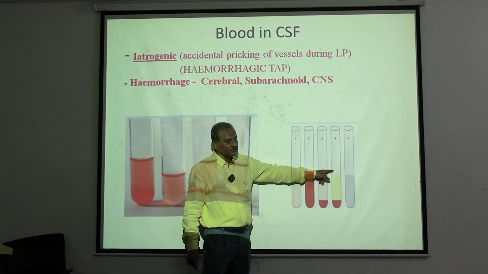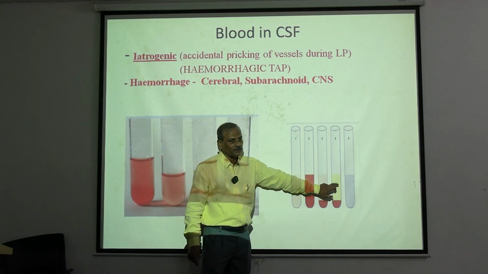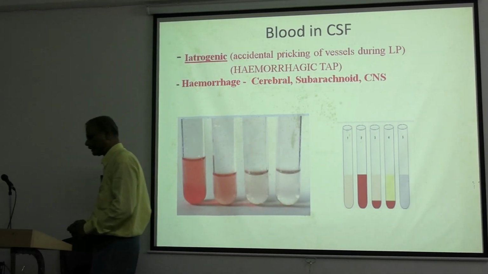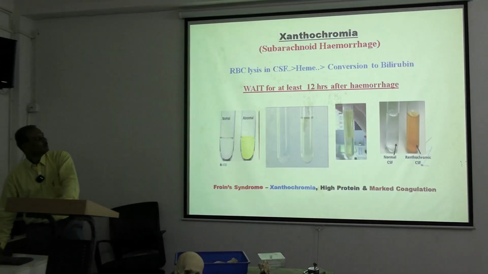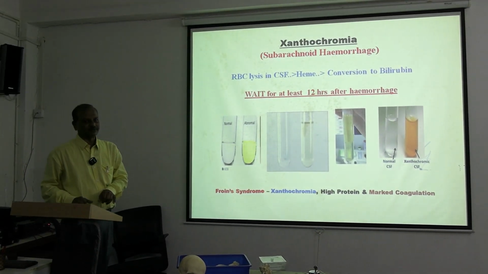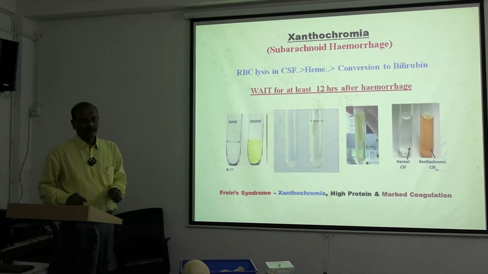Now, if it is due to subarachnoid hemorrhage, the color, as you can see, is not normal, it is slightly yellowish. And the yellow color is due to bilirubin. Xanthochromia is found only in subarachnoid hemorrhage. There is RBC lysis in the CSF, heme is released, and bilirubin is produced.